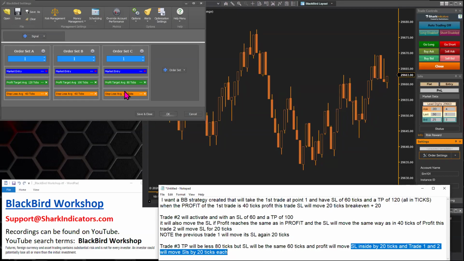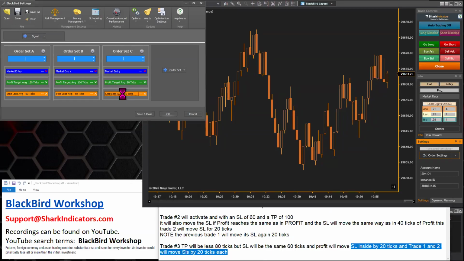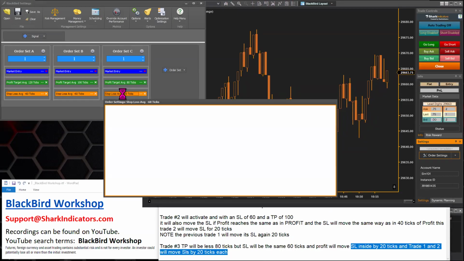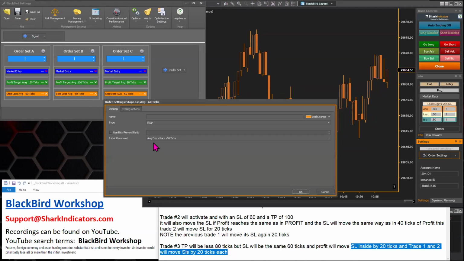So we're just going to keep the same break-even trailing rules here. Our stop loss is 60 ticks, the same, and our break-even here is break-even plus 20. There we have it.